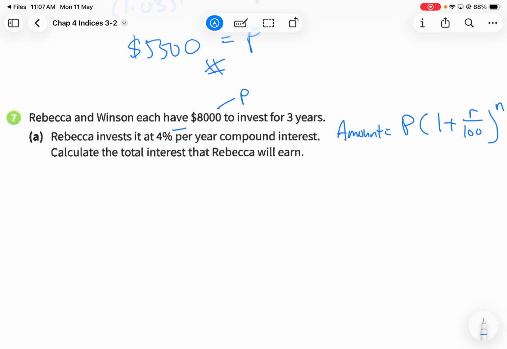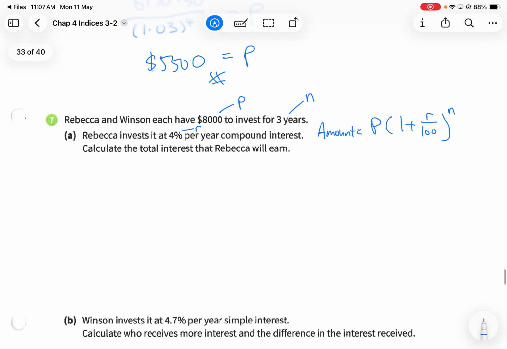So this 4% is my rate, the interest rate. 3 years. 3 years means compound 3 times. Then n is my number of times compounded. Okay? Then I can calculate the amount that it will be worth.